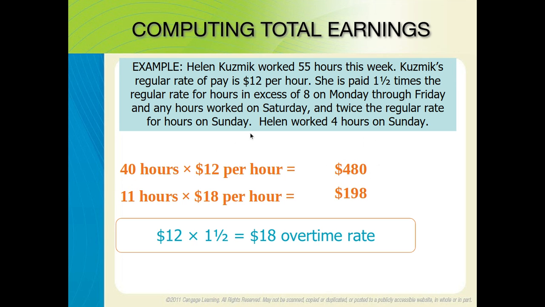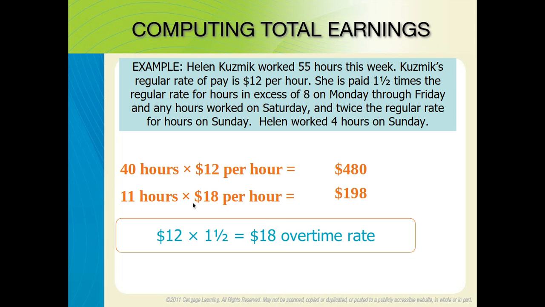Now, we know that she worked 11 hours extra. That would bring her up to 51 because she worked on Saturday, and she gets time and a half for Saturday. The way we figure out the $18 per hour is we take our regular rate, which is $12, times 1.5, and we get $18 for her new hourly rate.